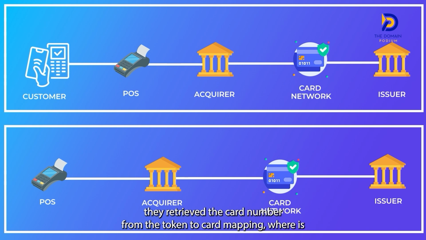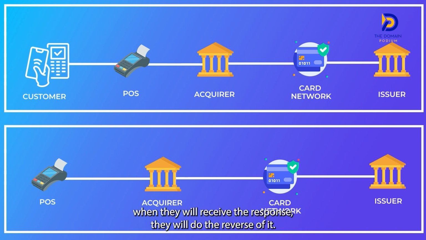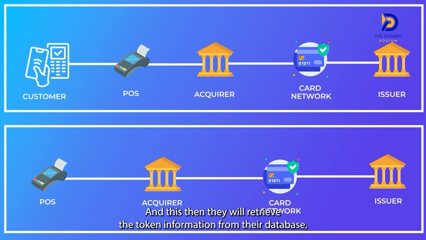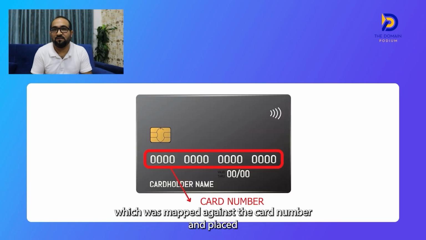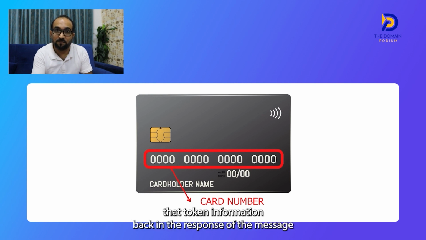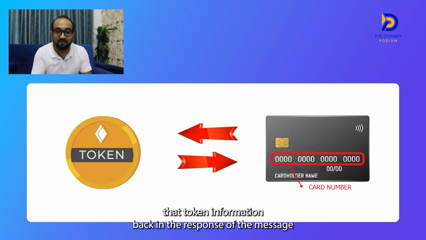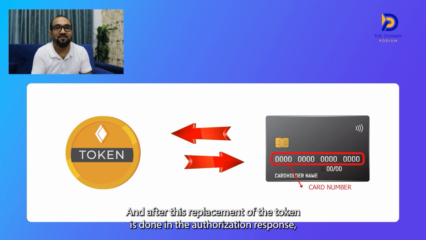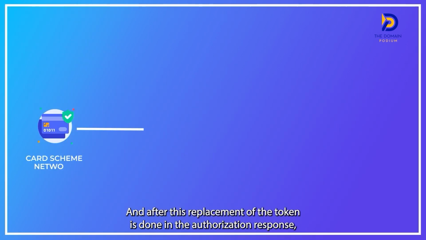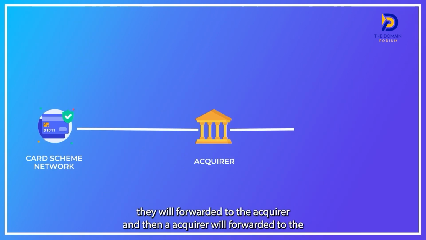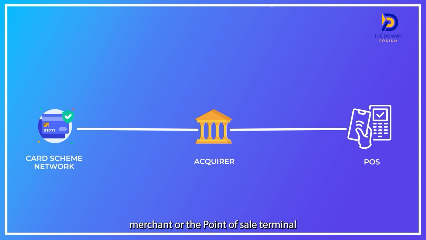Whereas when they receive the response, they will do the reverse of it, and this time they will retrieve the token information from their database, which was mapped against the card number, and place that token information back in the response message. After this replacement of the token is done in the authorization response, they will forward it to the acquirer, and then the acquirer will forward it to the merchant or point of sale terminal.